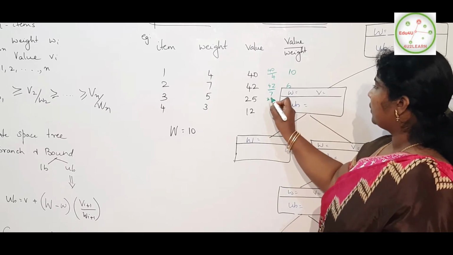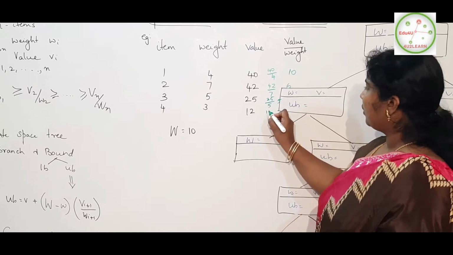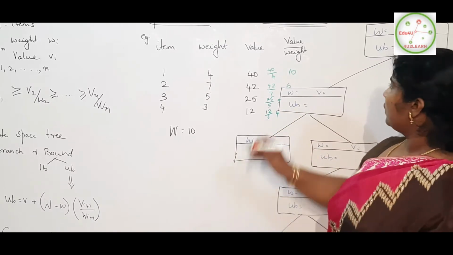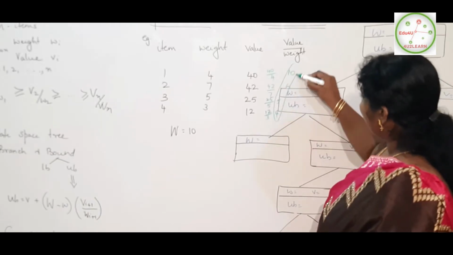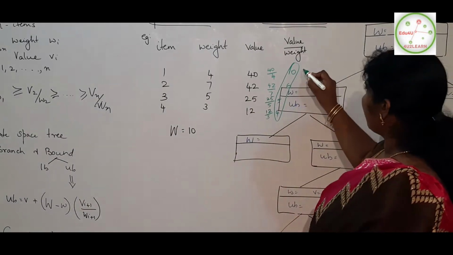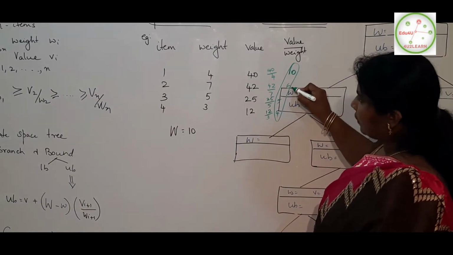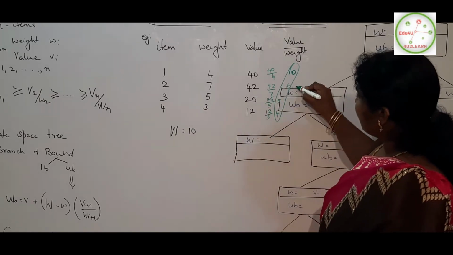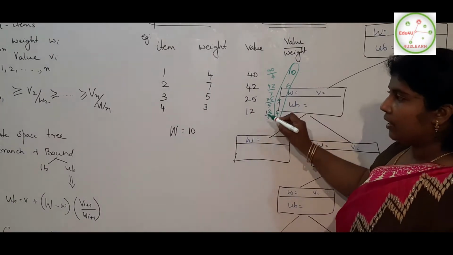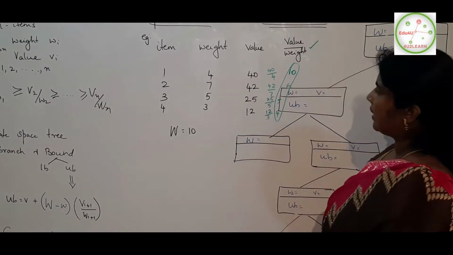Here it is 25 divided by 5, so we have 5, and here 12 divided by 3, that is 4. These are the inferred values. This is the constraint: the first value 10 is greater than 6, the second value, 6 is greater than the next value 5, and 5 is greater than the last value 4. So this condition has been satisfied.